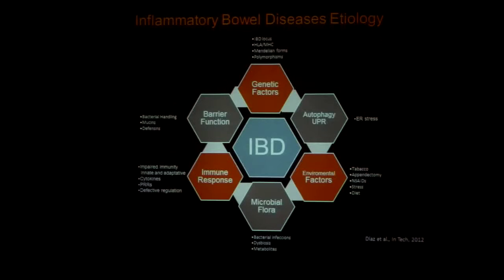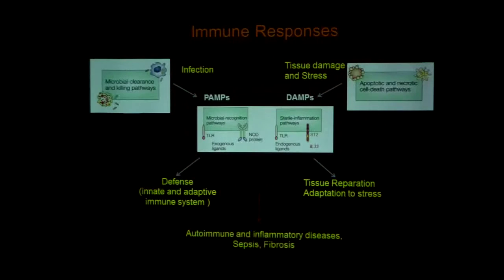So the main factors that contribute to the diseases are the immune response and the genetic factors. I will focus most of the talk on the immune response and some factors that can be impaired in these diseases.